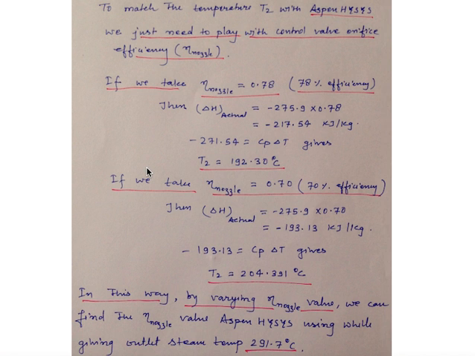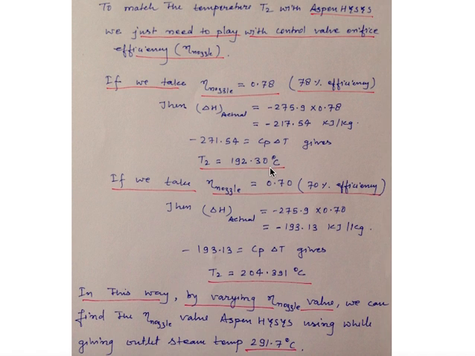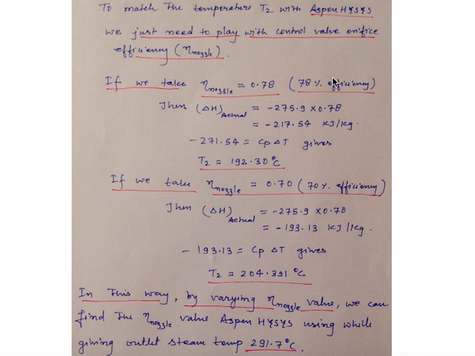So what we'll do, if we take nozzle efficiency 0.78, 78% efficiency, and we calculate delta H actual and then this T2, it comes to 192.30. Further, if we reduce this nozzle efficiency to 70%, then this T2 is coming 204.391 degrees centigrade.